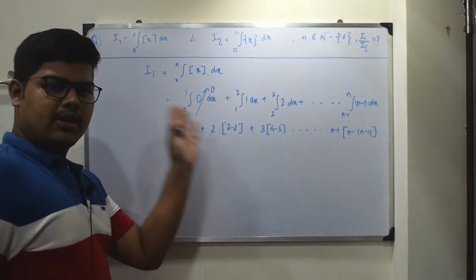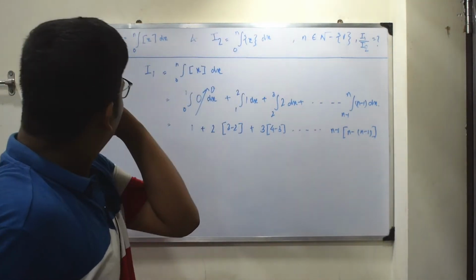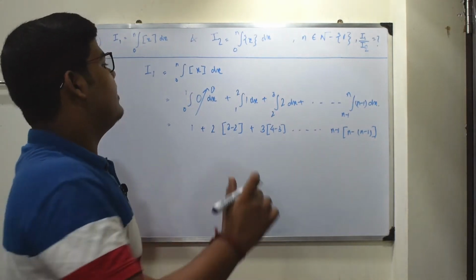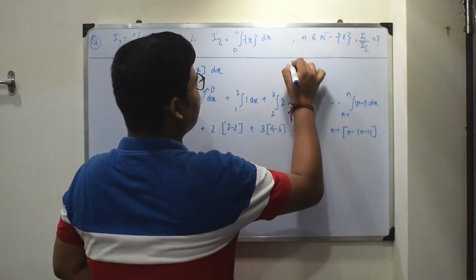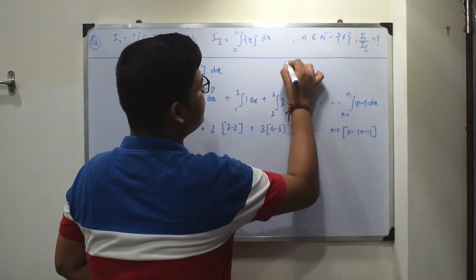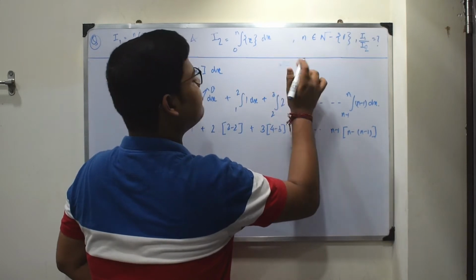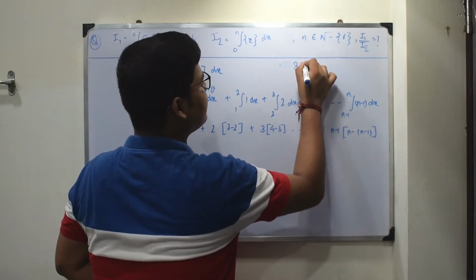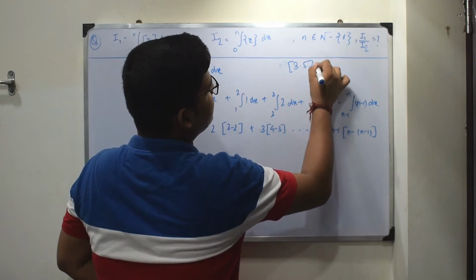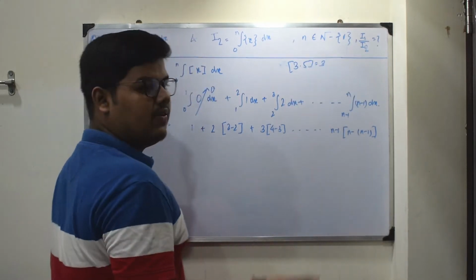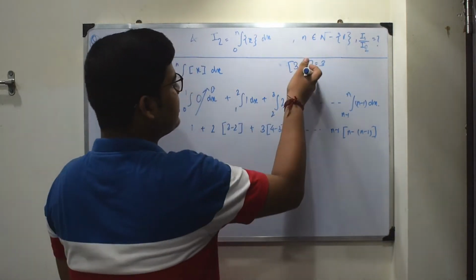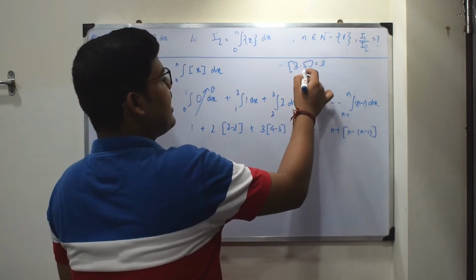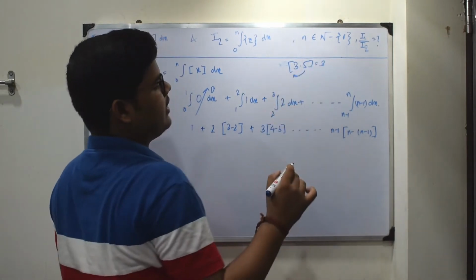So if you are not clear with the concept of greatest integer function, let me explain a little bit. Greatest integer function of any number, for example, take any random number 3.5, will give me 3. We go to the integer just near and lower to 3.5.